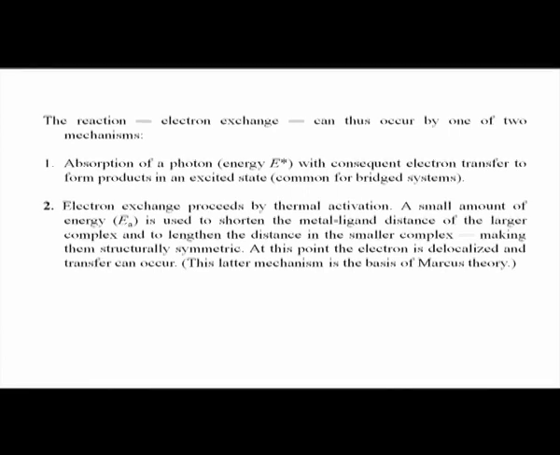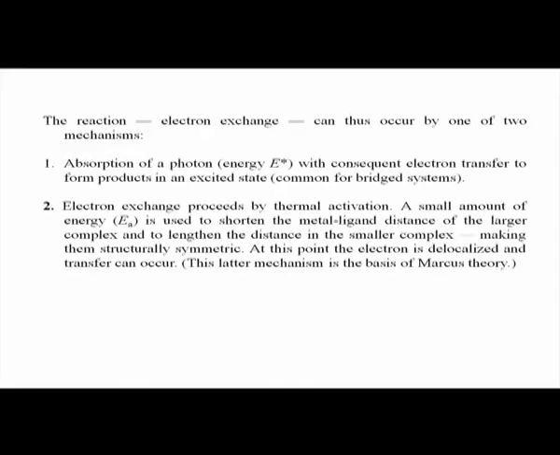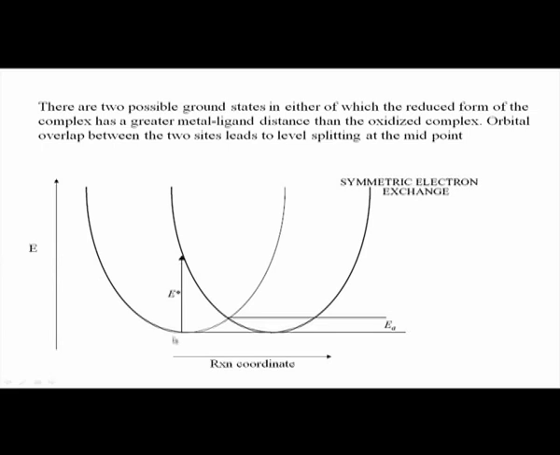That is, the system absorbs a photon and then the electron is transferred, as I told you in the case of exciplex formation. So, absorption of a photon with energy E star transfers the system from a given oxidation state to another state. Or electron exchange proceeds by thermal activation. So, this one is a photochemical activation.